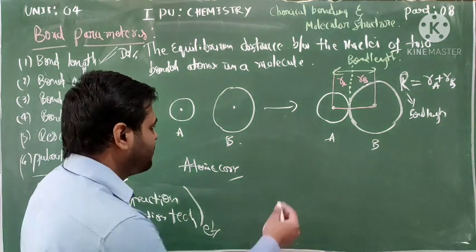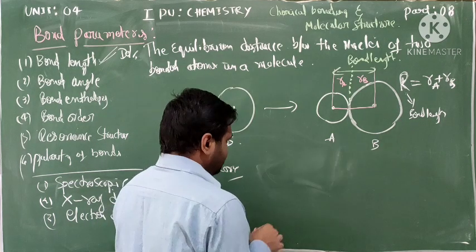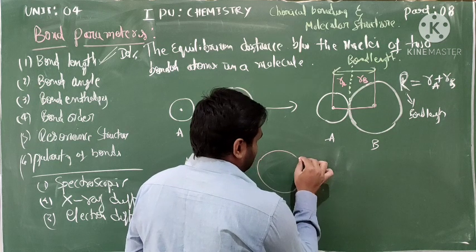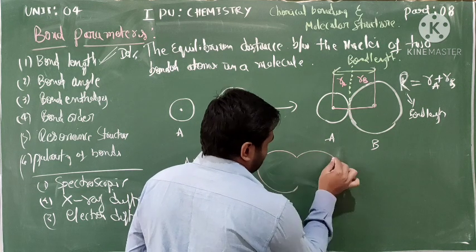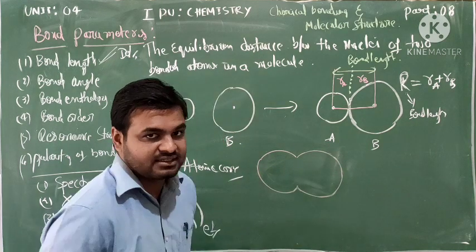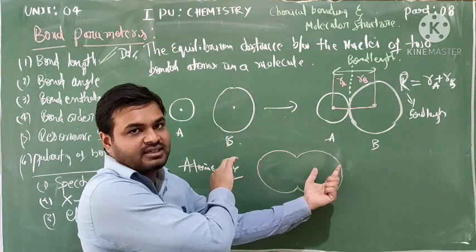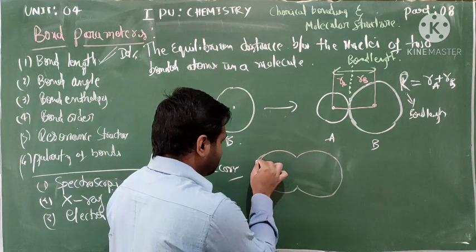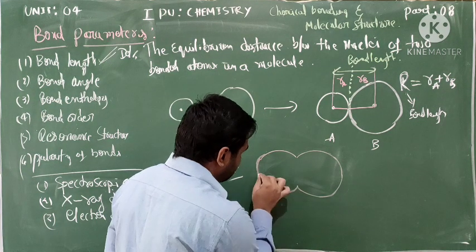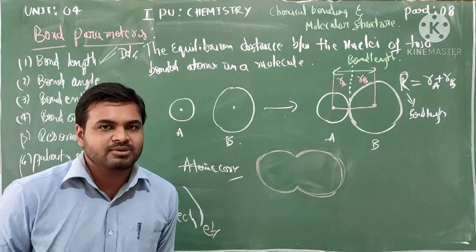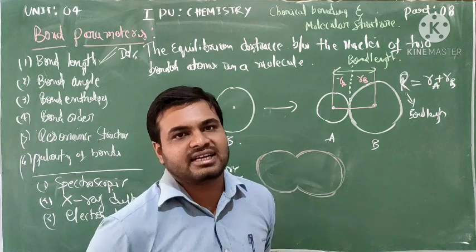So, covalent radius. See here, one atom and another atom, with approximately equal sharing. The structures are similar atoms, and the size is the same. What about the covalent bond? A covalent bond means sharing of electrons.